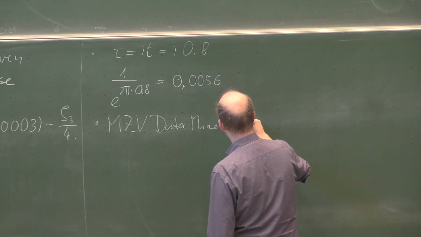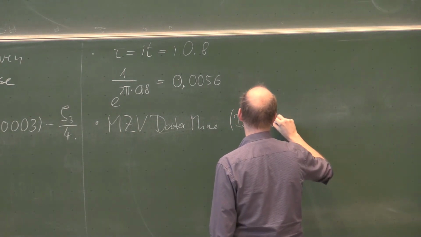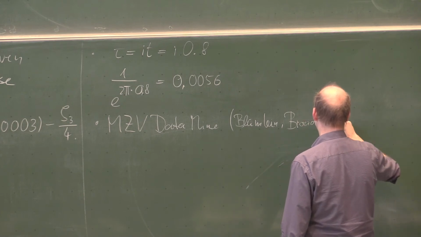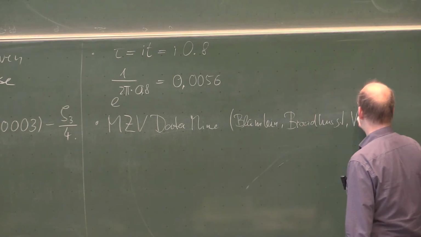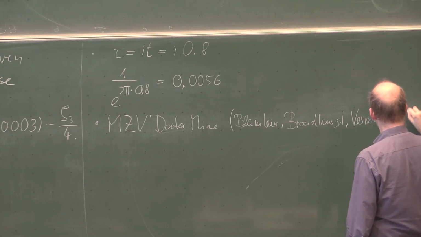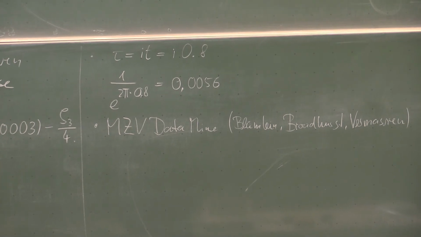calculated by Blümlein, Broadhurst, and Vermaseren, and was one of the main applications of the computer algebra system FORM. He doesn't call it like that, but I think it is, FORM.